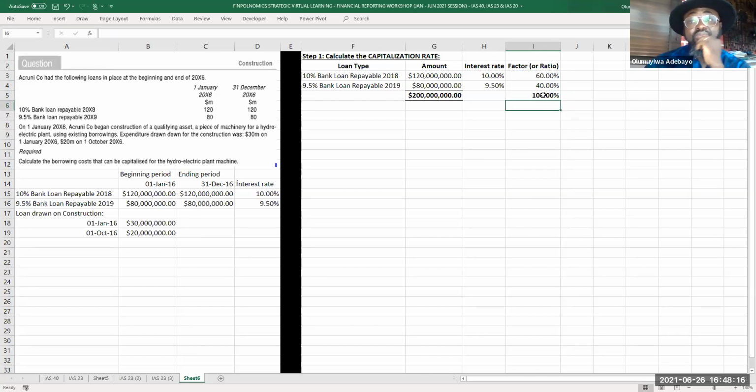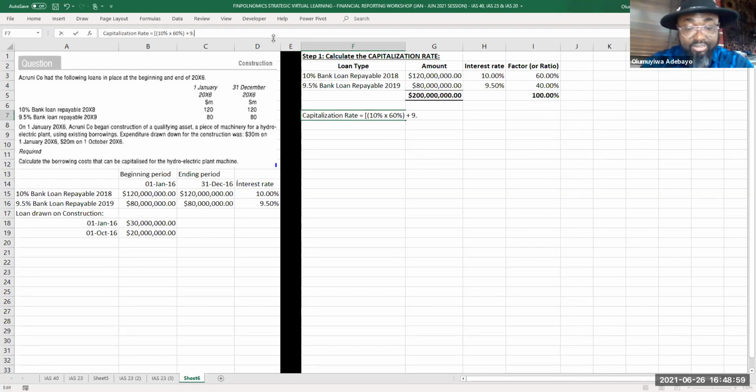Now, you simply ask yourself, this percentage multiplied by this, what does it give you? Which means my capitalization rate is equal to this 10% multiplied by this 60%, which will give me the weighted average for the first loan type. And for the second loan type, this 9.5% multiplied by 40% will give me the second type of the loan. And once I do that, what is the weighted average?